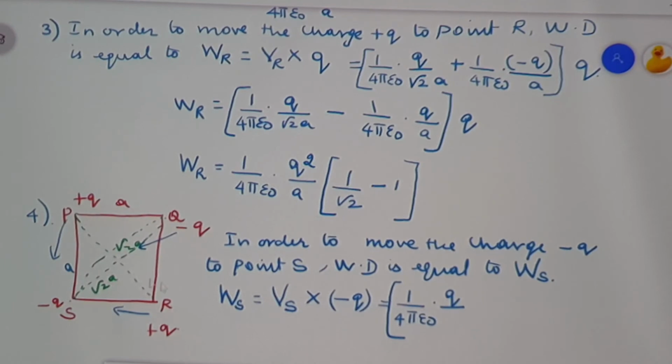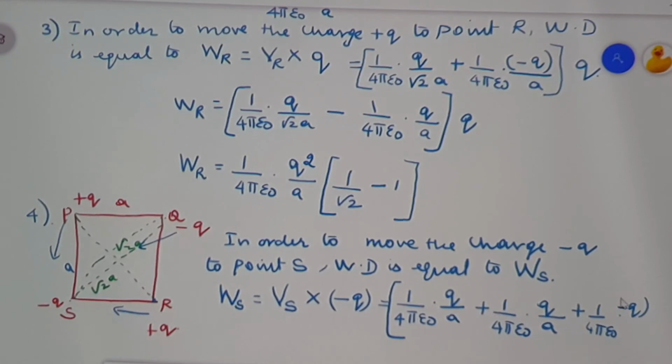This distance is A. So A, plus, I am taking this point R. So again 1 divided by 4 pi epsilon 0 Q divided by A, plus, again the potential at this point S due to the charge at minus Q. So 1 divided by 4 pi epsilon 0.